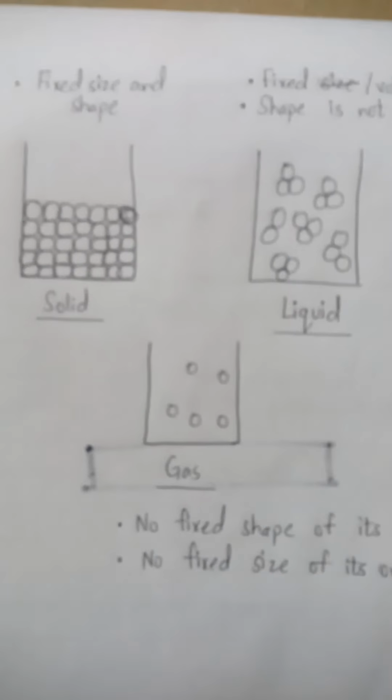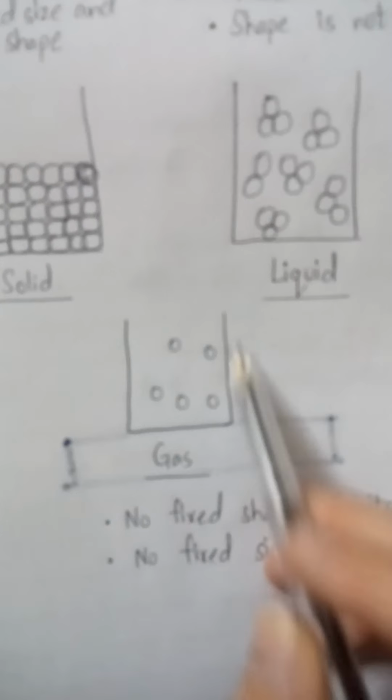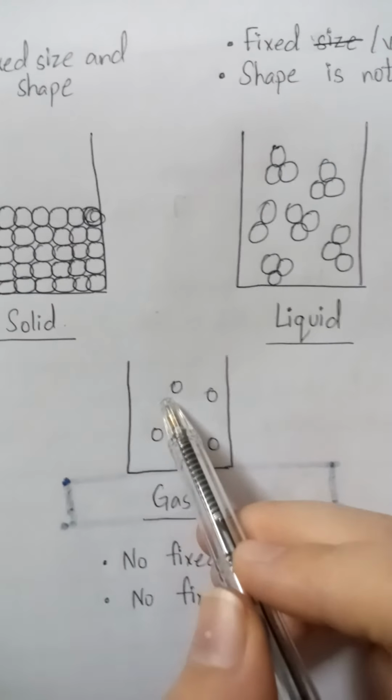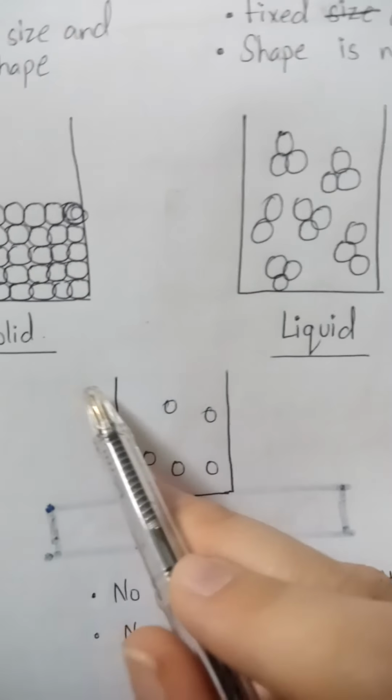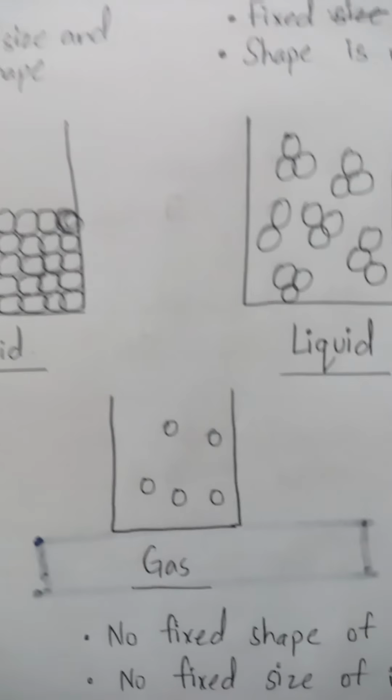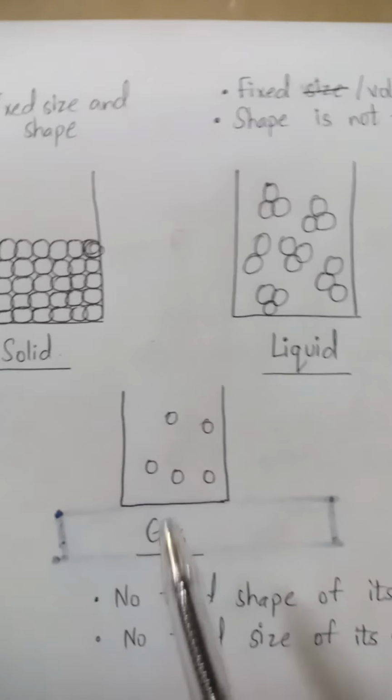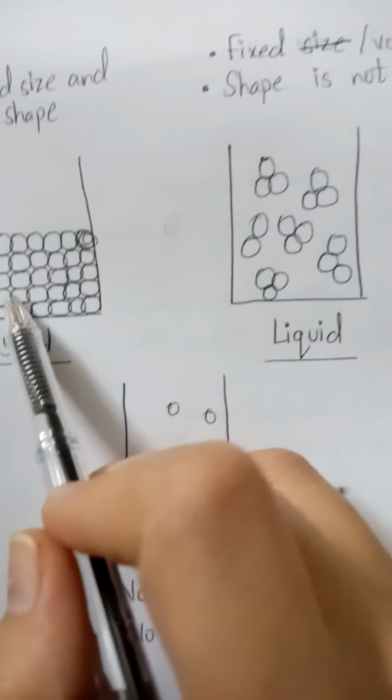And why is it? It is because of the arrangement of the atoms in gas. They are far apart. They have a lot of distance and a lot of space between them, and they can freely move from one place to another. Remember that the movement of gas particles is fastest compared to the movement of liquid and solid particles.